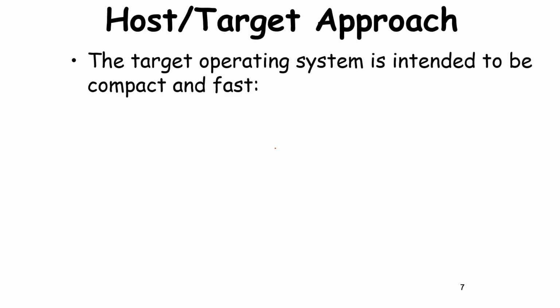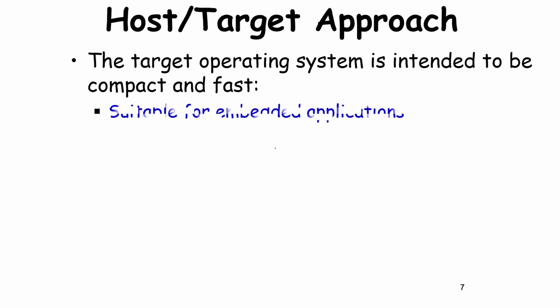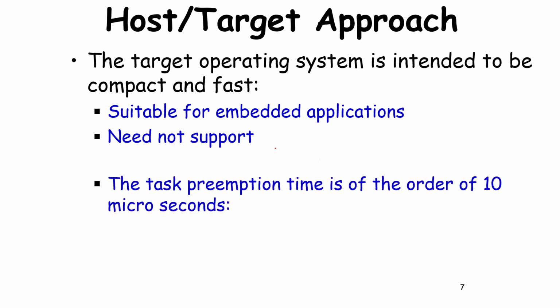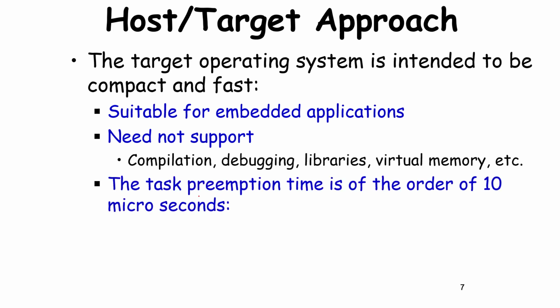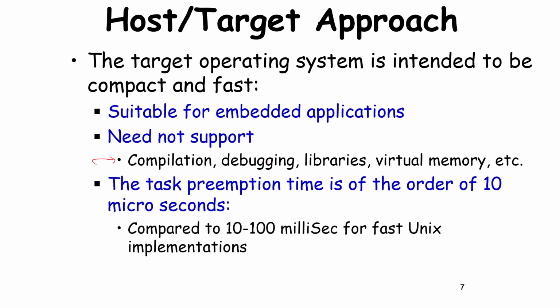So the target operating system is intended to be compact and fast, so it is suitable for embedded applications. It need not support the full-fledged development environment, which in this case would comprise the compilation, debugging, libraries, virtual memory, etc. And the task preemption time, particularly on the target, is expected to be very small, of the order of 10 microseconds, whereas actually it is much more on a traditional operating system.